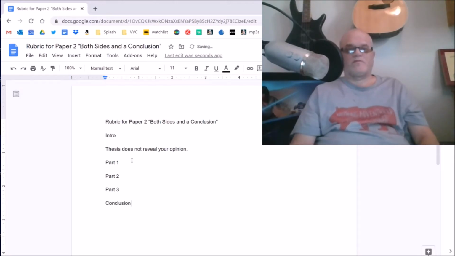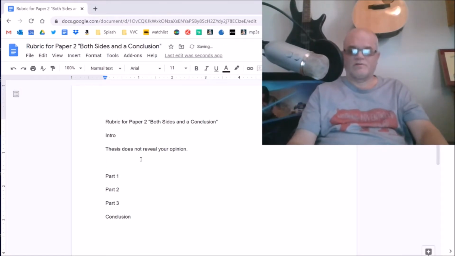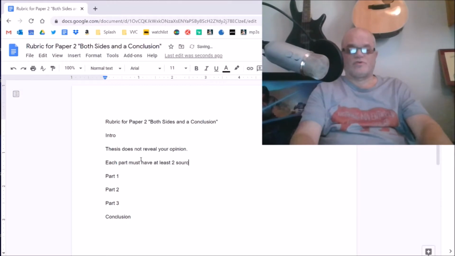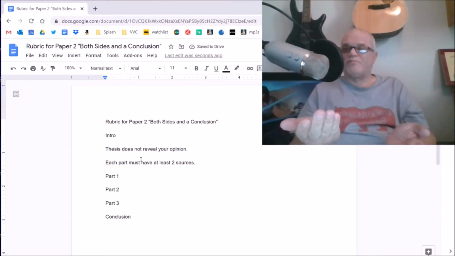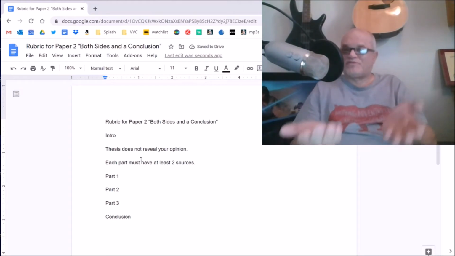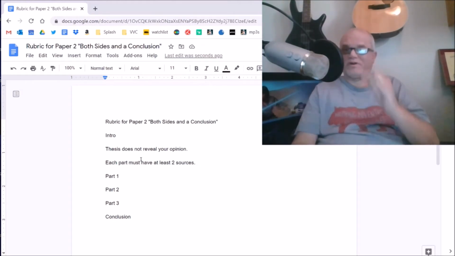And remember that must have sources, okay? Each part must have at least 2 sources. So what are those 2 sources going to be? They're going to be when you're talking about both preferences, both sandwiches, or anything you want to talk about.